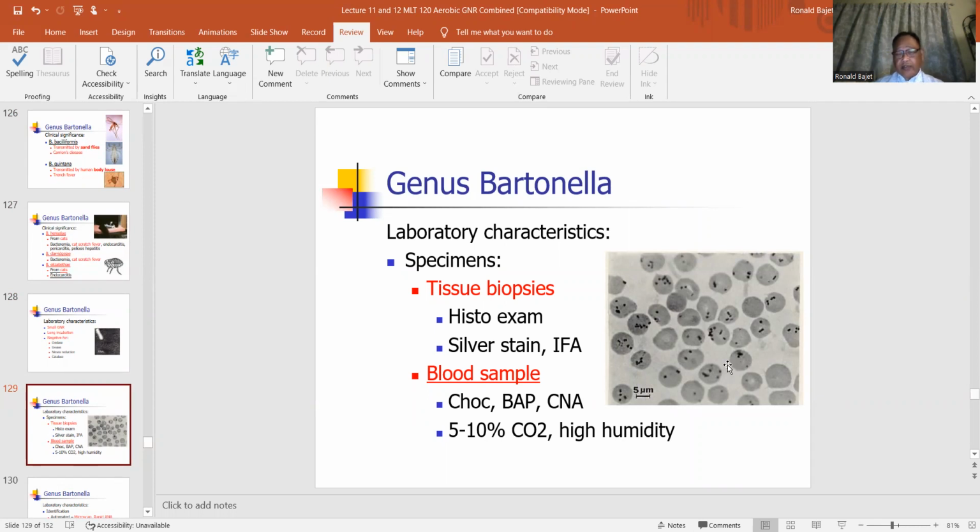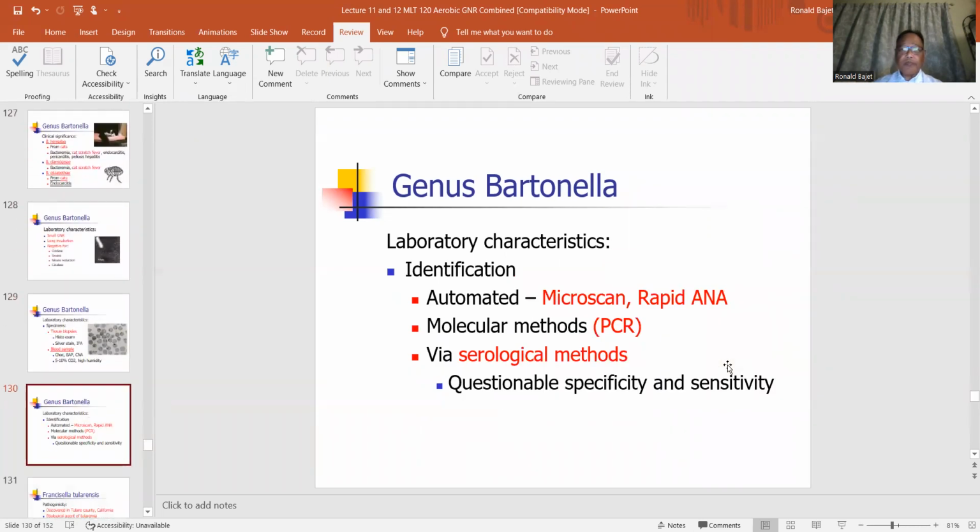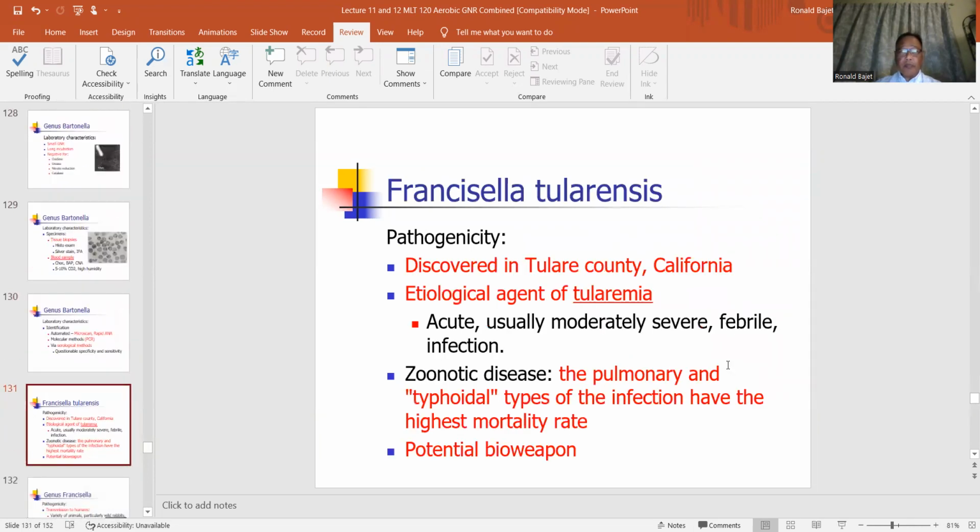CNA usually is selected for gram-positive and incubated in 5 to 10% CO2. Bartonella automated using MicroScan or rapid ANA, molecular method of detecting Bartonella using PCR technique, and also 2 serologic methods.